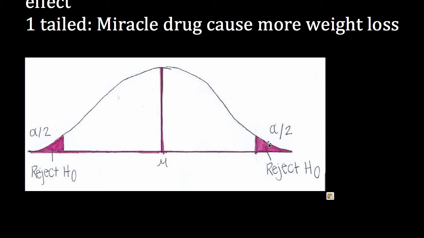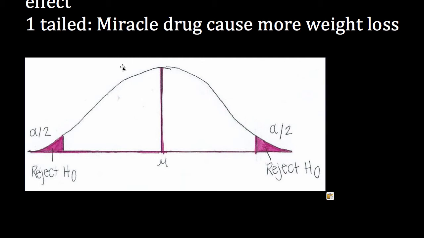This means that our drug could be worse or better than placebo. So there is 2.5% of the area to reject the null hypothesis within the distribution on the right, and 2.5% of the area to reject the null hypothesis on the left.